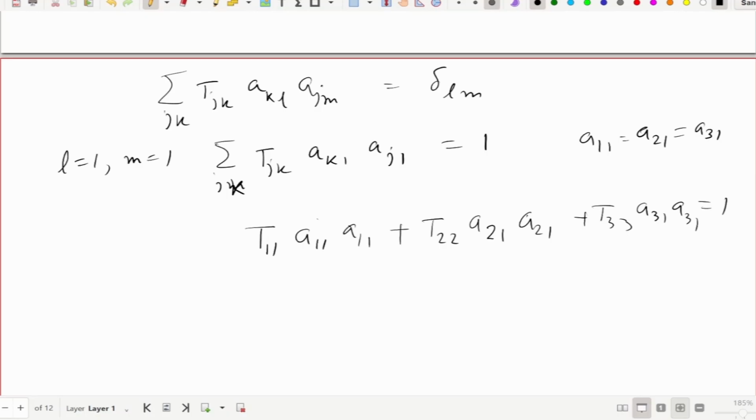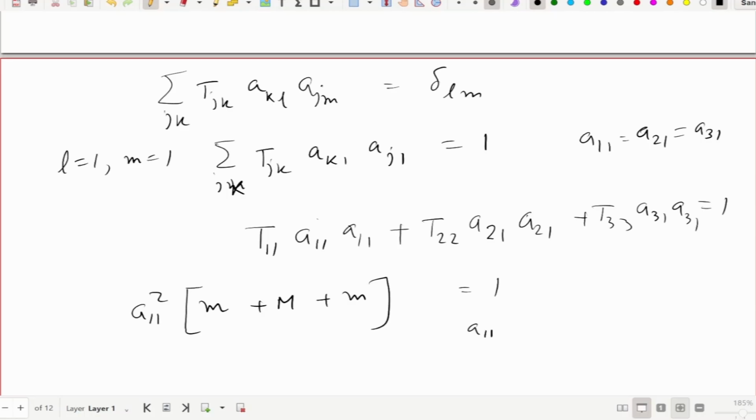And now, if these all are equal, then I can take A11 common and then you will have T11 is m, T22 is capital M and T33 is small m. So, this equal to 1.